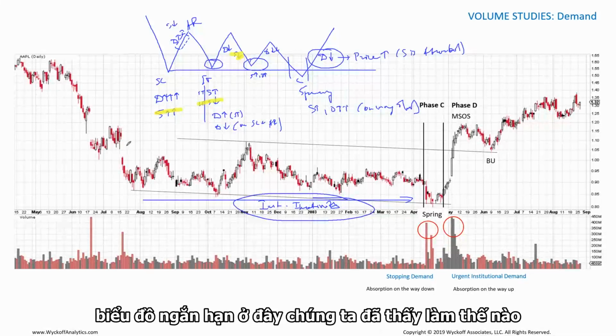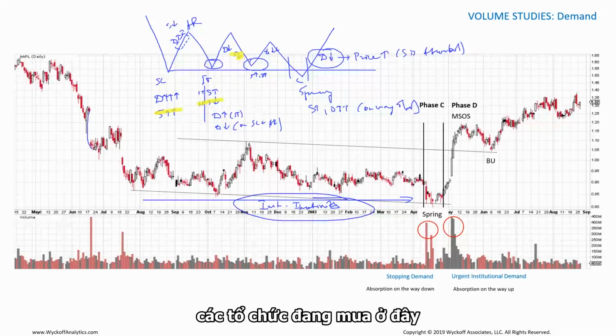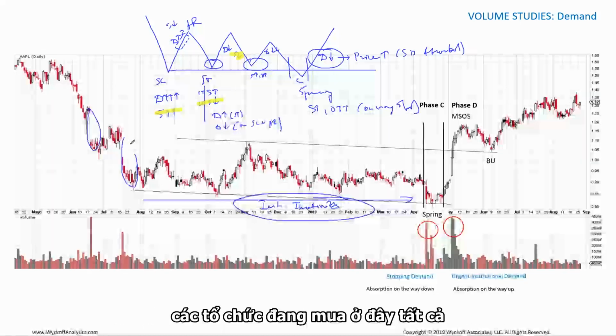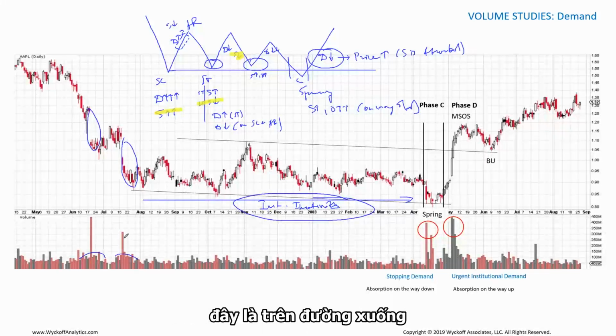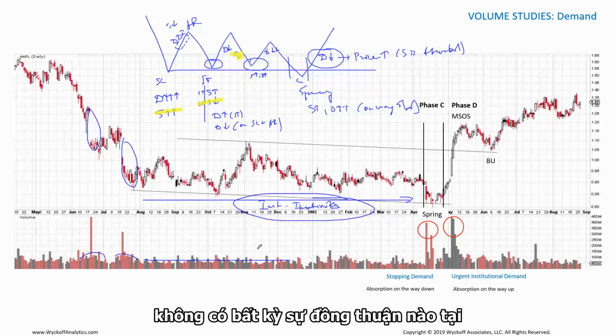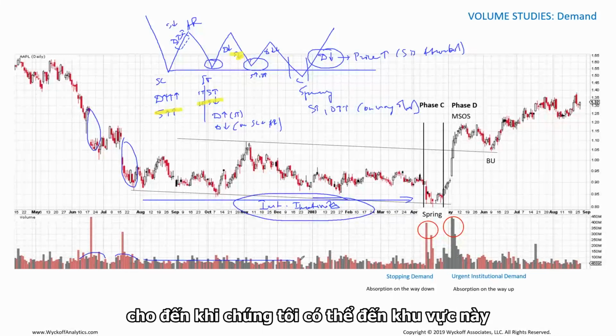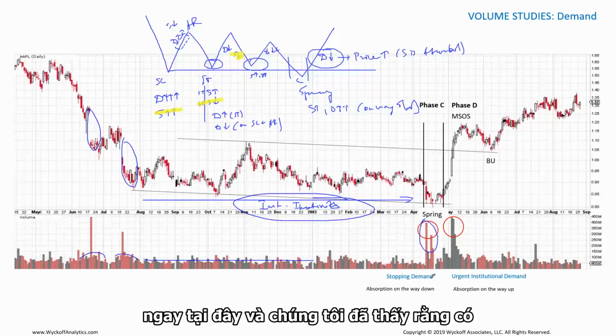But on the short-term chart here, we're seeing how institutions are buying here, institutions are buying here. All of this is on the way down. There is no buying whatsoever, at least of the consistent institutional buying, until we probably come to this area right here.